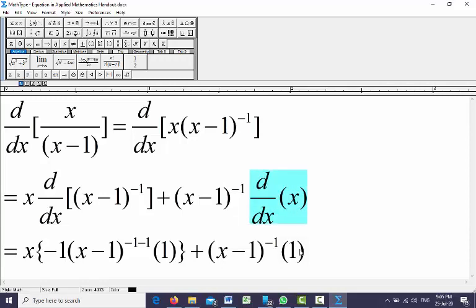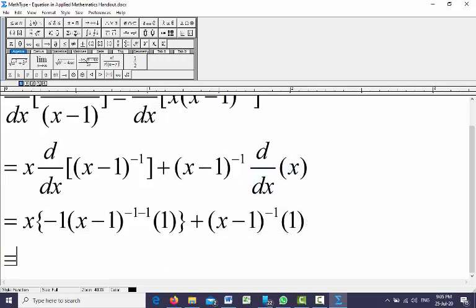So only 1 is there. If you multiply it by 1, you don't have to write it. You will get the same thing back.